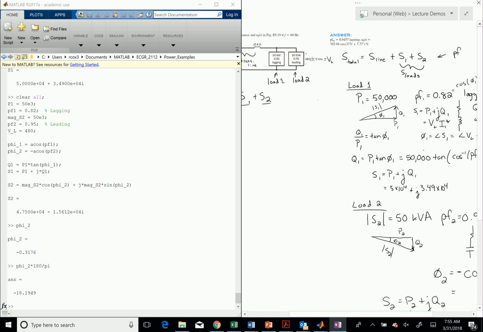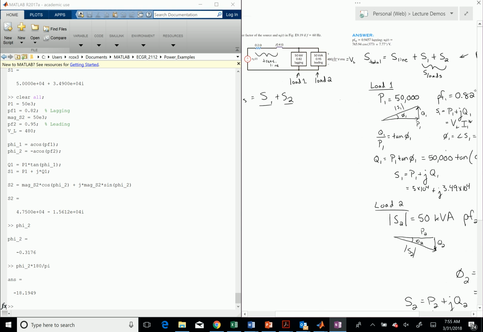Now, what I could have done instead is figure out the current in load 1 and the current in load 2 and then do a KCL at this node to figure out the total current going through the transmission line. I don't want to do that.